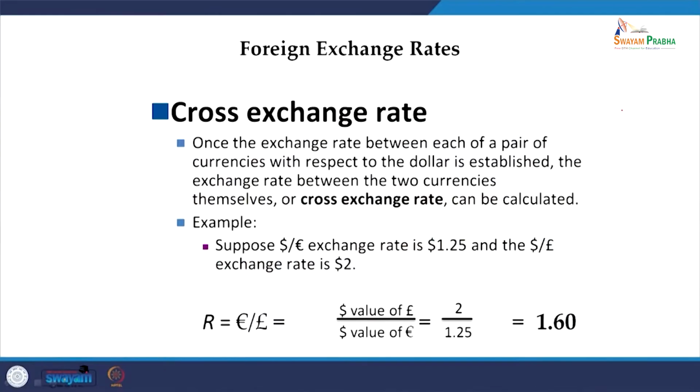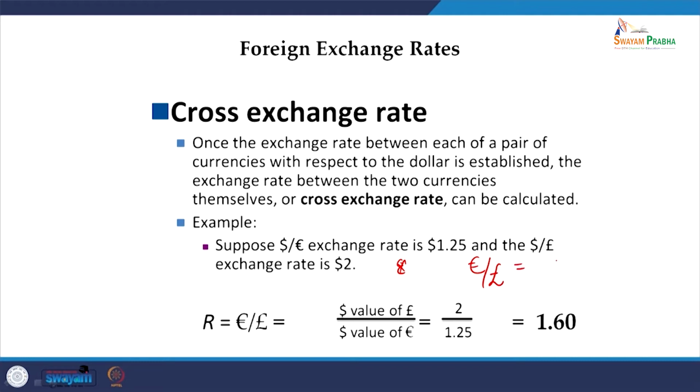So, the cross exchange rate is dollar divided by euro. What we wanted to find out is how much euro we can purchase with 1 unit of pound sterling. So, we are interested in finding euro divided by pound sterling, 1 pound.